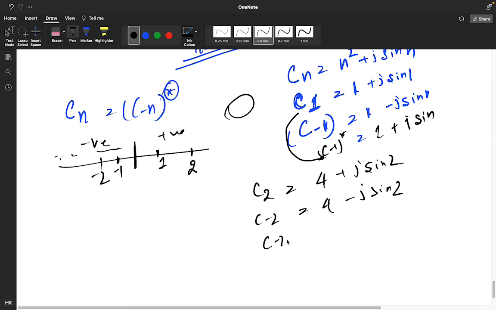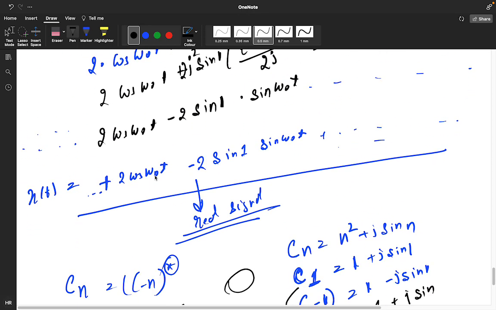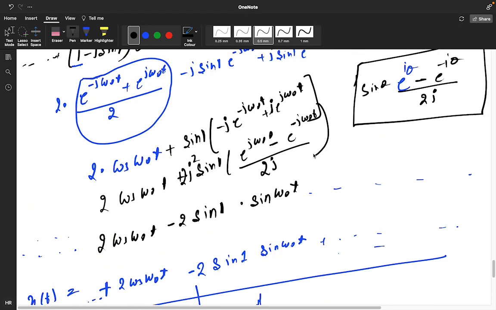If you take the conjugate of C of minus 2, you will get 4 plus j sin 2. And if you solve C of 2 plus C of minus 2 like what we did, we will get the cos omega naught term and sin omega naught term. So this is a real signal only. Okay, got it? Understood, guys?